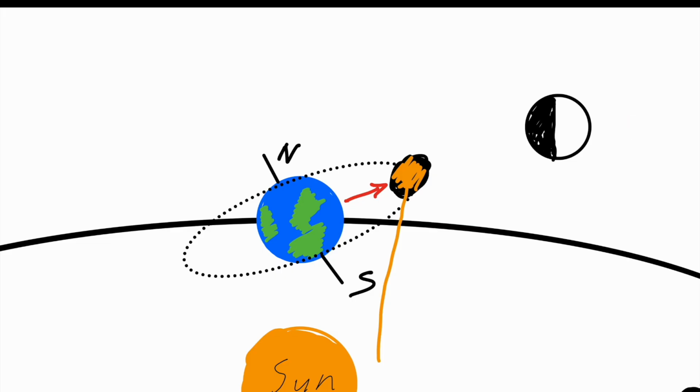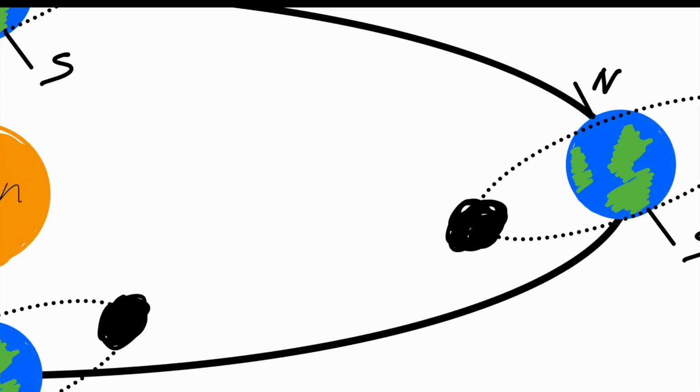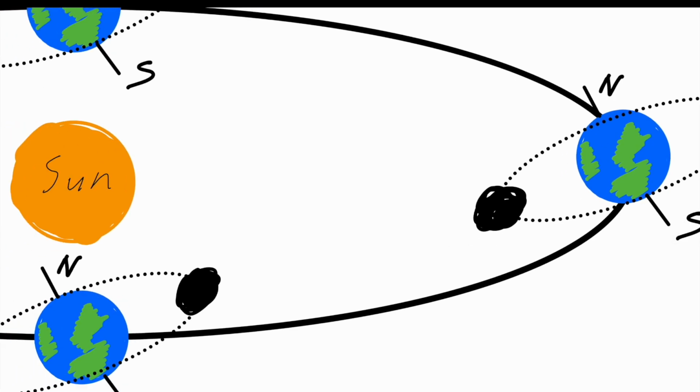Let me get rid of some of these things now. If we go over to this side, when the sun is in this position relative to the moon, the sun would be hitting the other side of the moon, and so we wouldn't see anything. The side of the moon that we would be looking at would be totally dark.